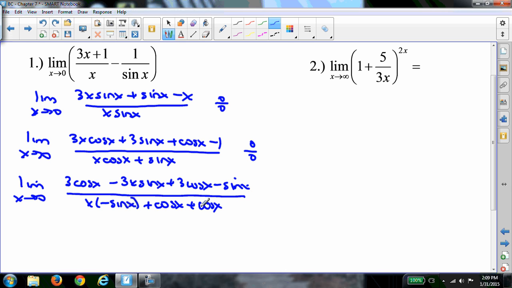And substituting in x equals 0, you get 3 minus 0 plus 3 minus 0 all over 0 plus 1 plus 1, 6 over 2, 3.